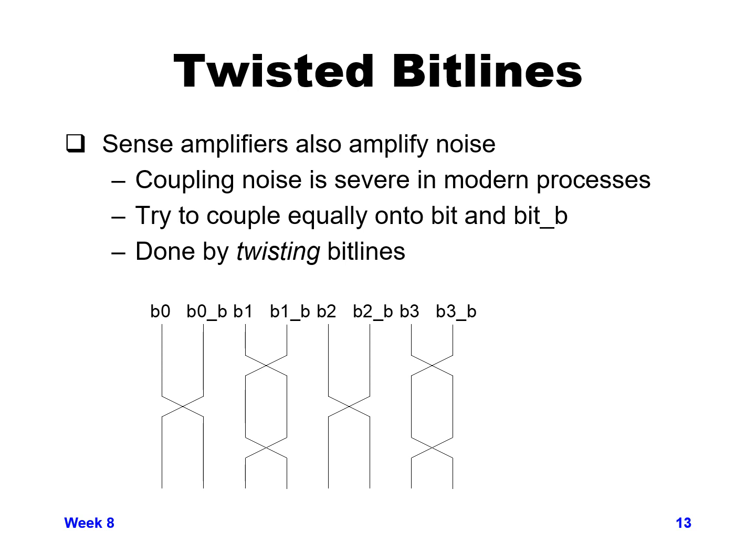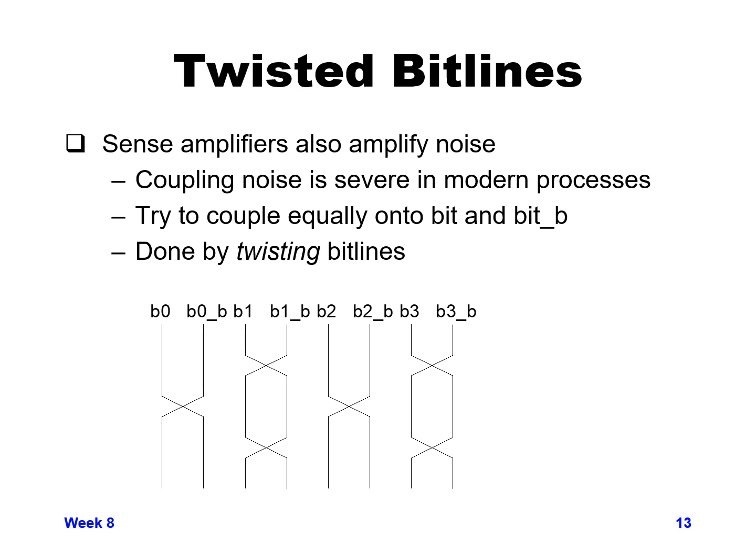So one of the ways that we can try to prevent, or not really prevent, coupling noise, but we can try to minimize coupling noise, is to do twisted bit lines. So if you look down below, you can see where halfway along, let's say, the bit line, we take bit 0 on the left hand side and transition it to the right hand side, and bit 0 bar on the right hand side and transition it to the left hand side.